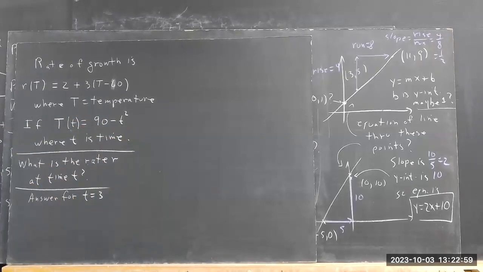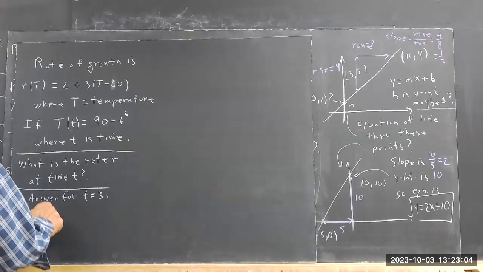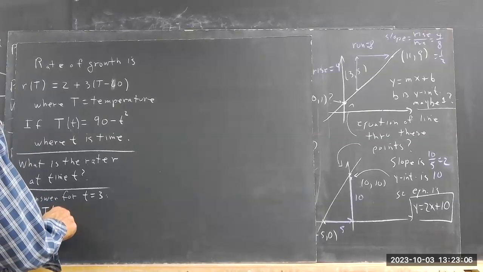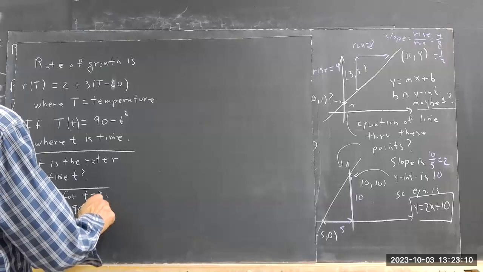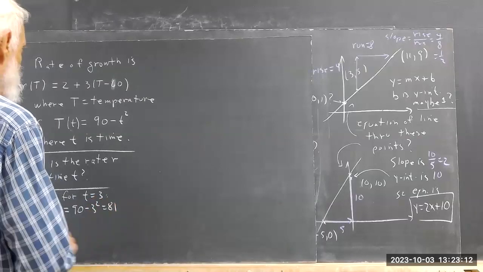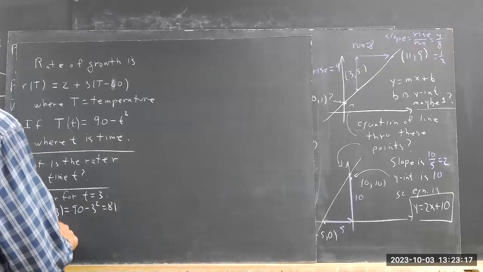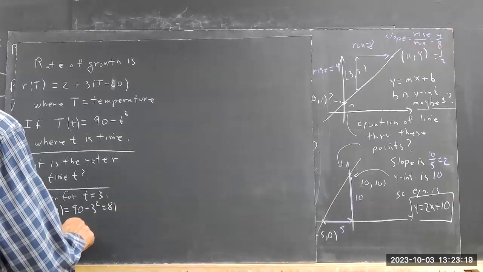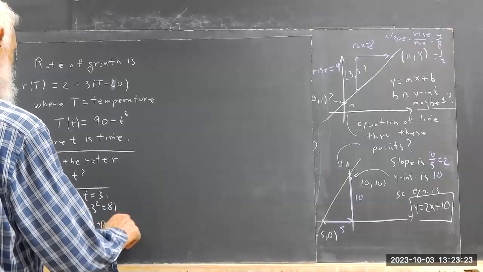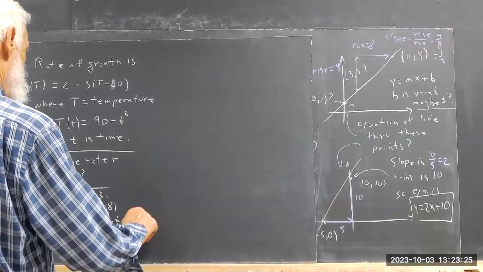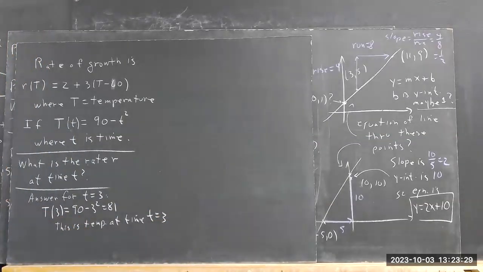Okay. So big T of 3 equals 90 minus 3 squared, which is 84. That is your temperature. Okay. This is your temperature at little t equals 3.